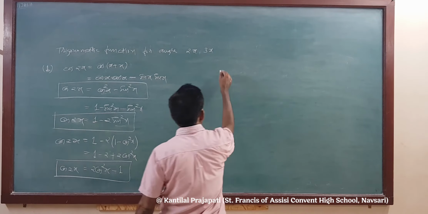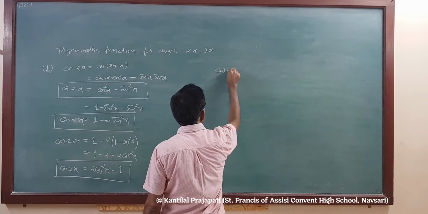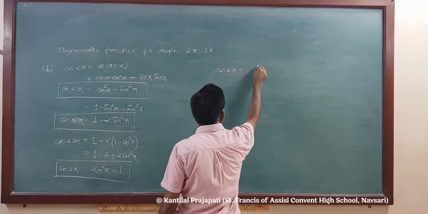The cos 2x is equal to, again we write the first formula, cos square x minus sin square x, and the denominator is not given, means it is 1. Always 1.